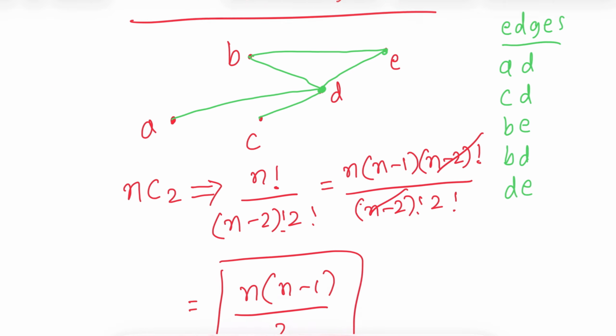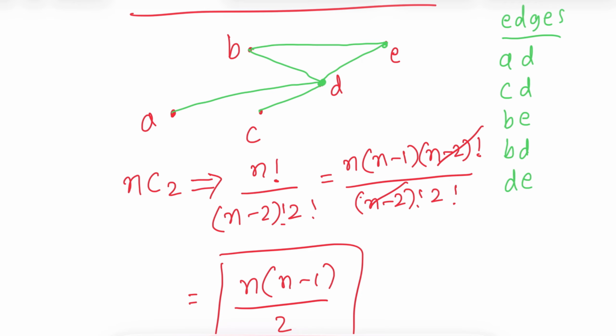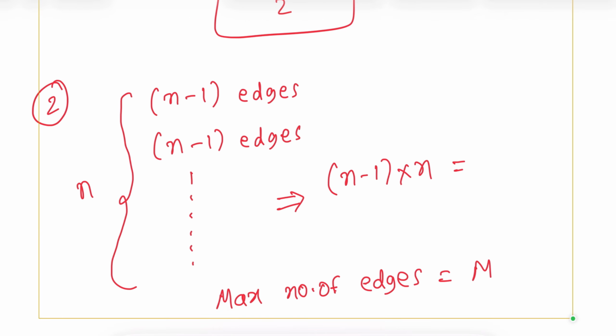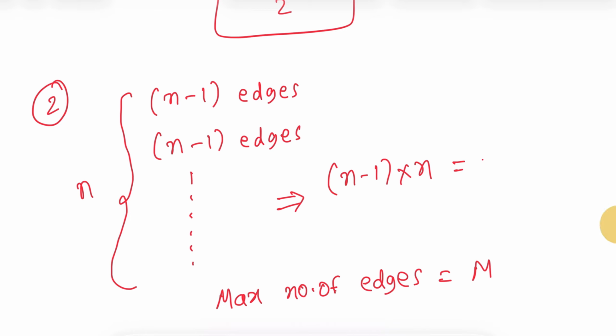If you go back to the diagram, for example, when you're counting from the vertex A, you will count the edge from A to D, and you will also count the same edge when you are counting the edges from vertex D. So basically, you have double counted it. Because you are counting it twice, what you get when you sum all these edges is m plus m, and that's why the max number of edges is n minus 1 times n divided by 2.